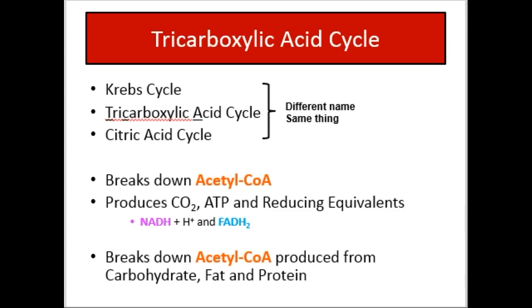As you're seeing, as we go through these metabolic pathways, we're always producing these NADH and FADH2 molecules, and you will see why they're so important later on when we cover the electron transport chain. The TCA cycle is going to break down all the acetyl-CoA that we've produced from carbohydrate metabolism, as well as fat metabolism, as well as protein metabolism, which we'll look at later in this course.